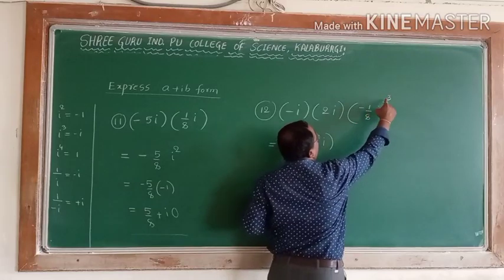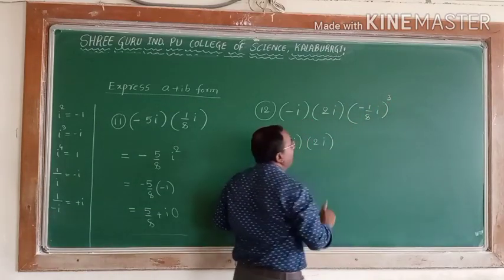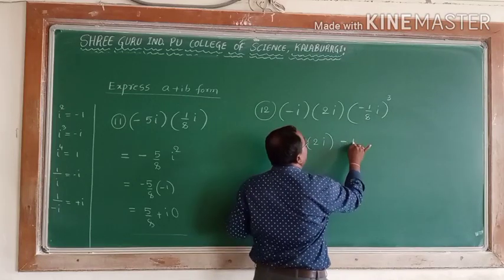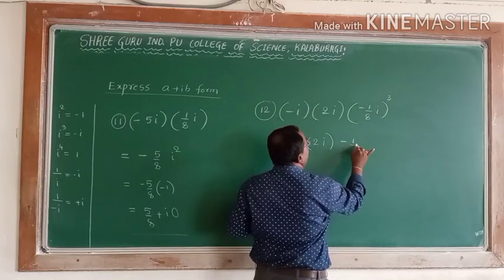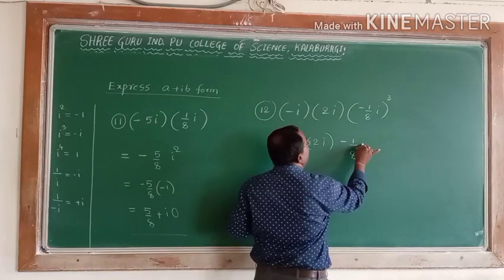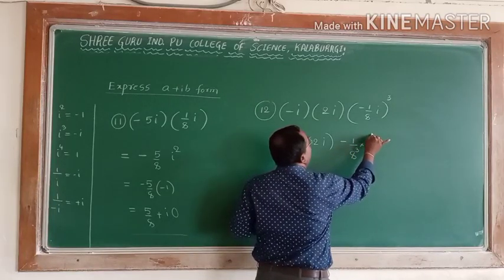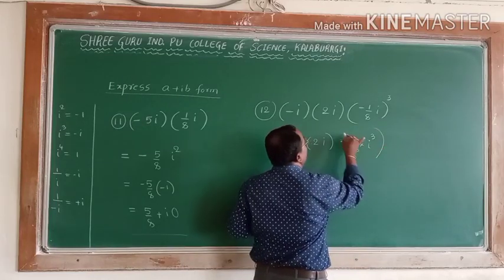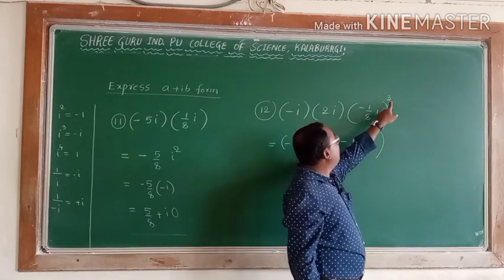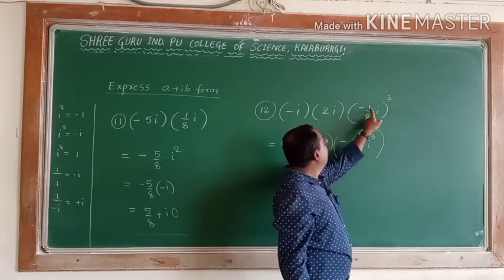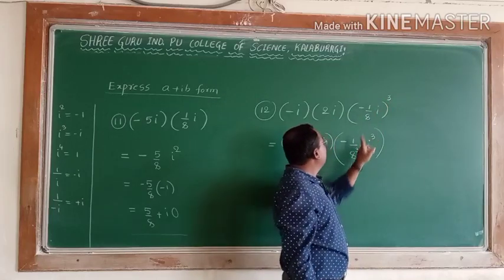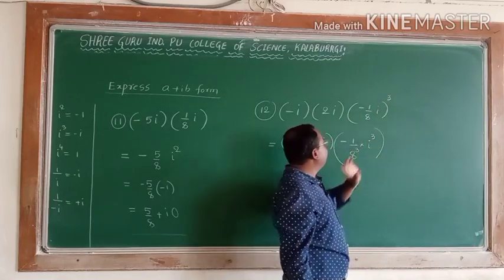Here negative to the power odd, negative present, minus 1 by 8 cube into i cube. Now listen here. Negative to the power odd, negative. 1 cube is 1, 8 cube, here i cube.